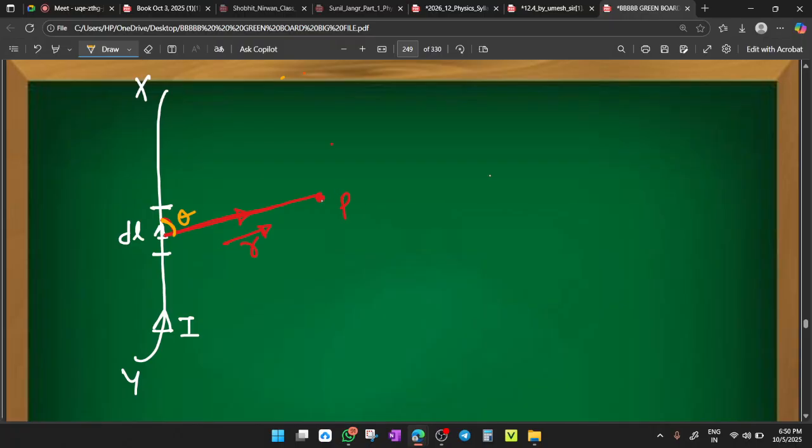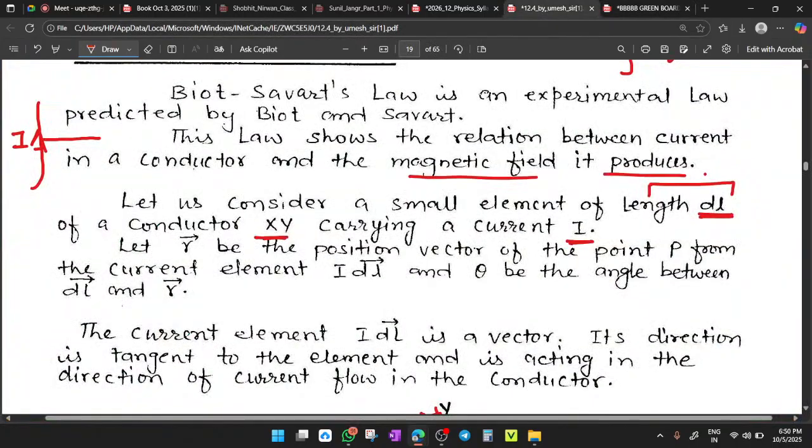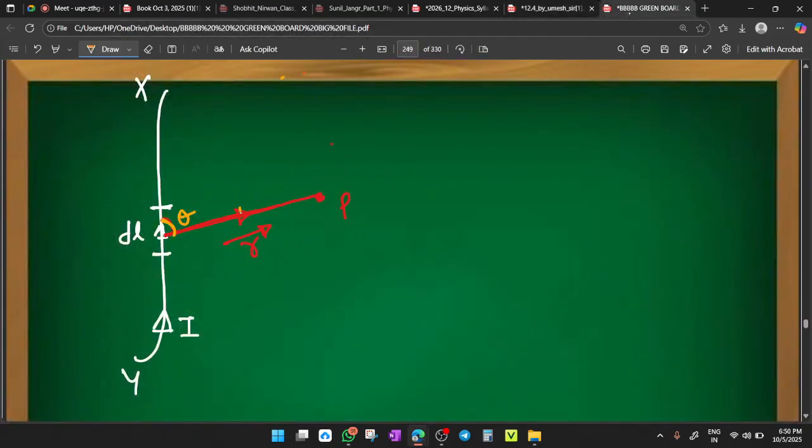Now, according to his experiment, Biot-Savart suggested some postulates, or rules, to find the intensity of the magnetic field. But before that, read here. Let r vector be the position vector of the point P from the current element. As I have drawn here, what is the r vector?